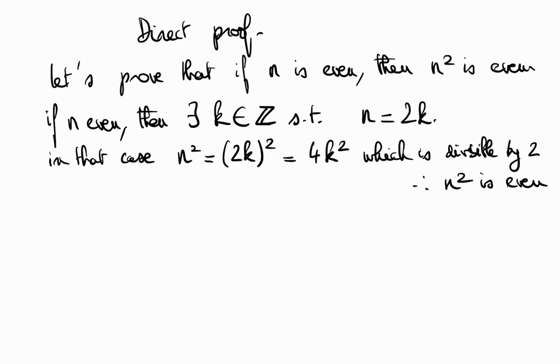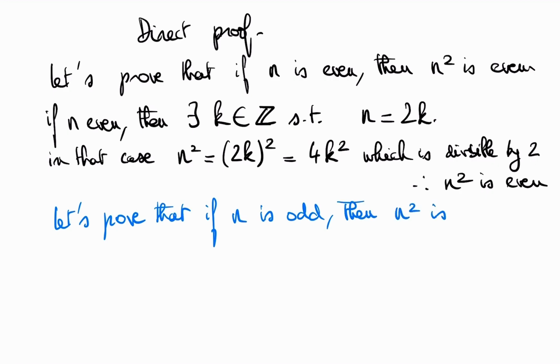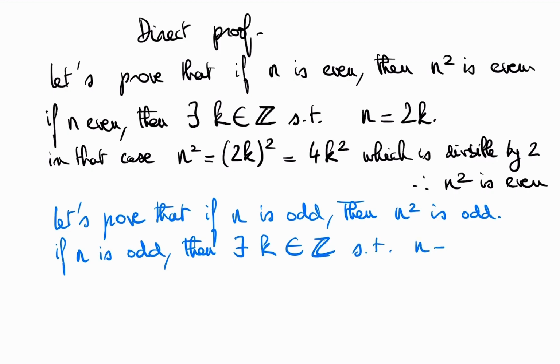Now, same thing, let's prove that, I'm going to reuse this demonstration for proof by contradiction, so I just want to do them well. If n is odd, then n square is odd. Well, if n is odd, then there exists k belonging to Z such that n is equal to 2k plus 1.